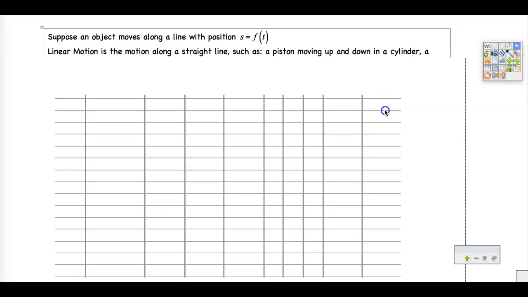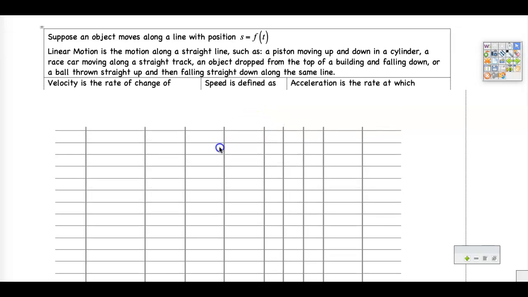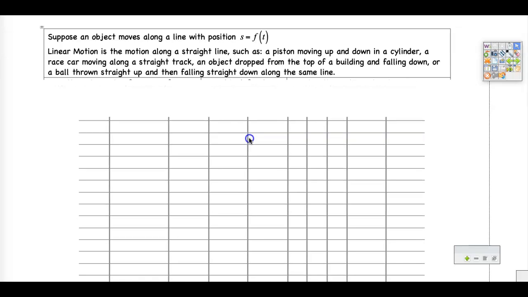But if we're given an object that's moving along a line with a position function with respect to time, you might want to consider linear motion, which means motion along a straight line, such as a piston moving up and down in a cylinder, or a race car moving along a straight track, or an object dropped from the top of a building and falling down, or a ball thrown straight up and then falling straight down along the same line.